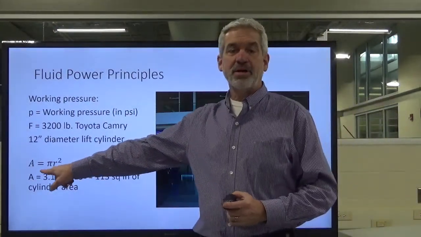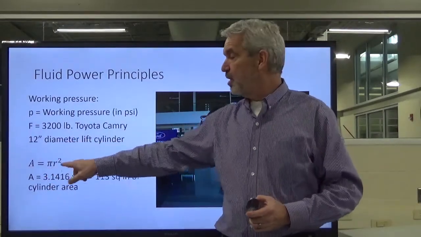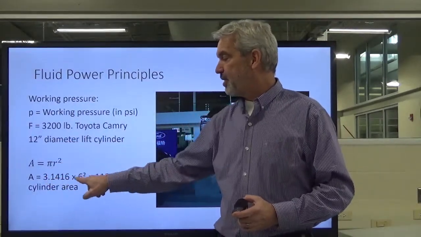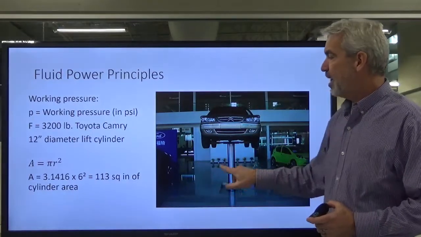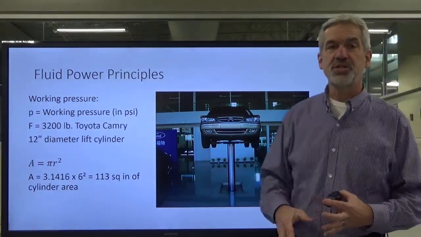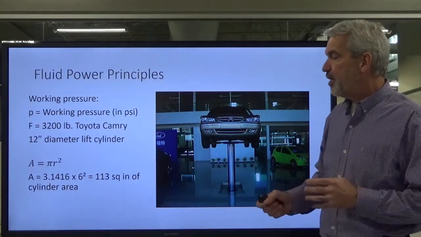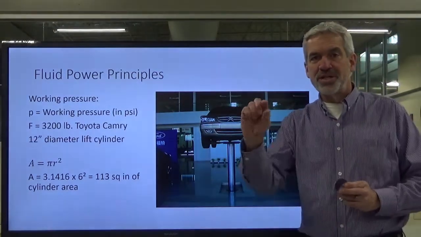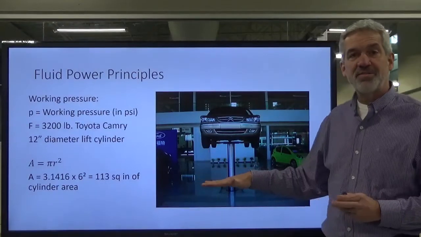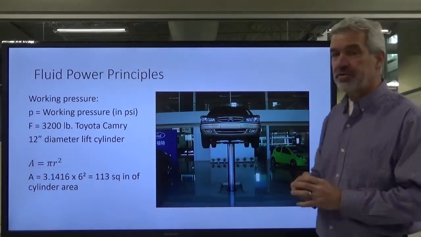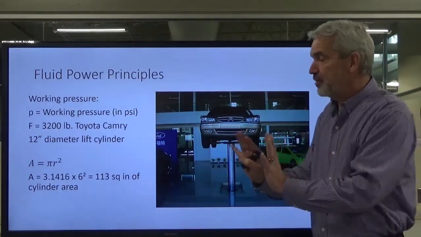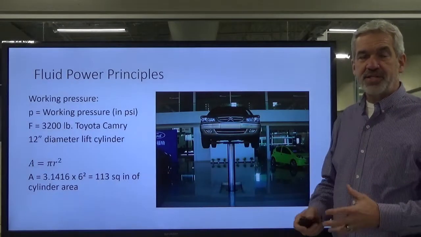And remember the pi, whenever you see that, it's 3.1416. Multiply that by the 36, and this cylinder will have 113 square inches of surface area. Meaning that you'll have 113 of those 1-inch squares in the surface area of that cylinder, so that our fluid can push on 113 square inches of that cylinder and lift this.